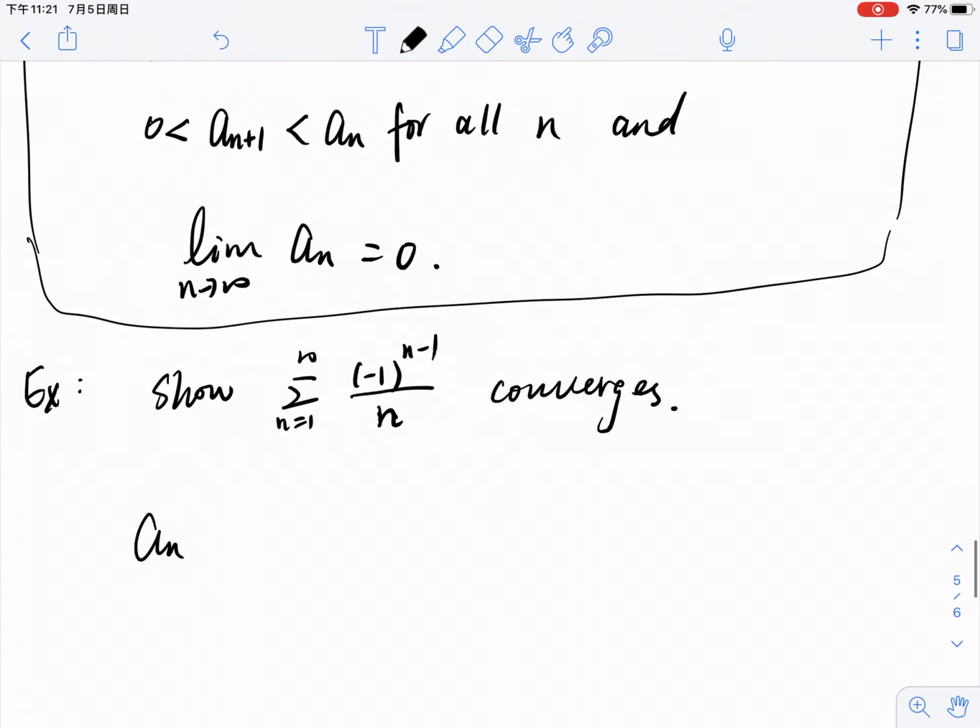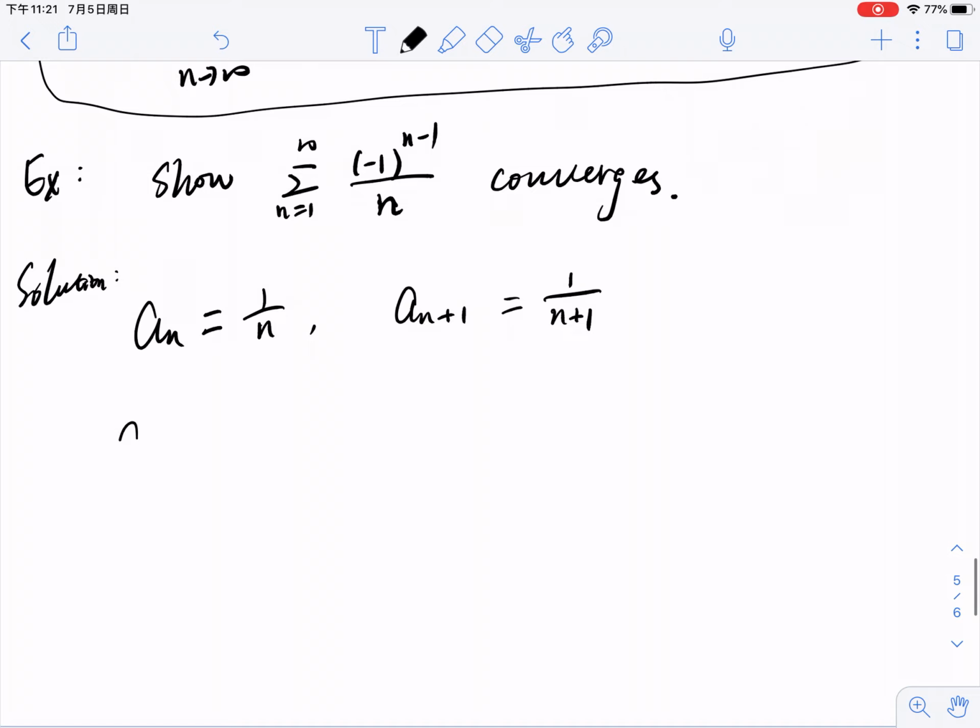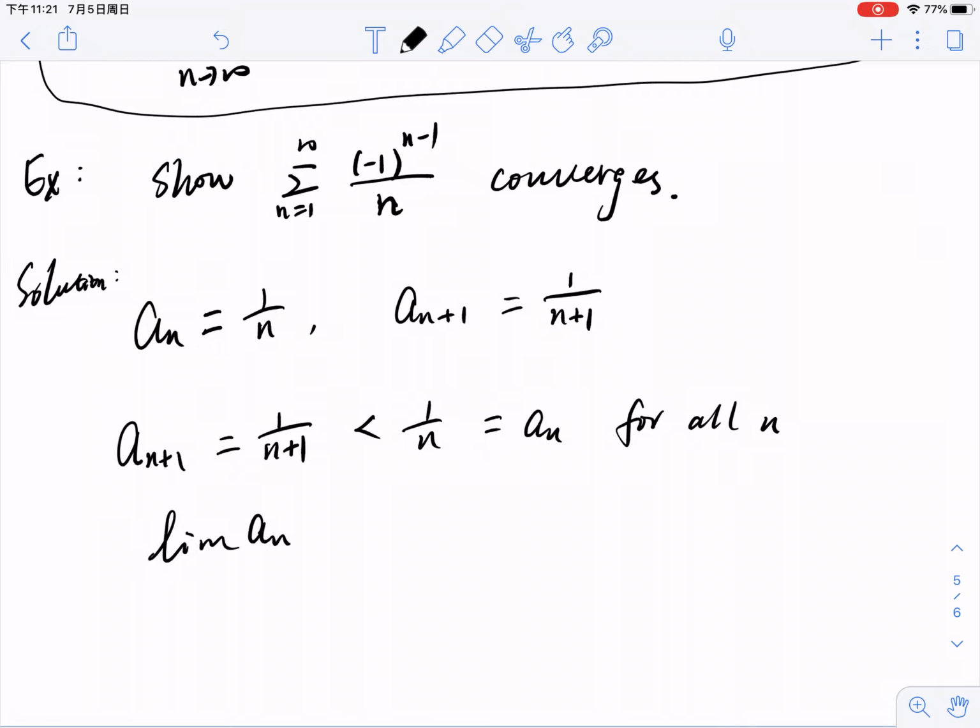So a_n is 1 over n. a_(n+1) is 1 over n plus 1. So this is less than 1 over n, which is a_n, for all n. And the limit of a_n as n goes to infinity, the limit of 1 over n, is 0.